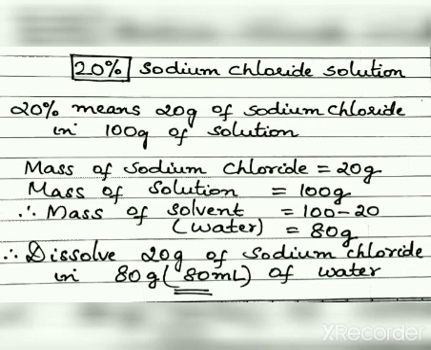So how can you calculate the mass of the solvent, that is water? It is equal to 100 minus 20, which is equal to 80 gram. Therefore, by dissolving 20 gram of sodium chloride in 80 gram or 80 ml of water, we can get 20% sodium chloride solution.